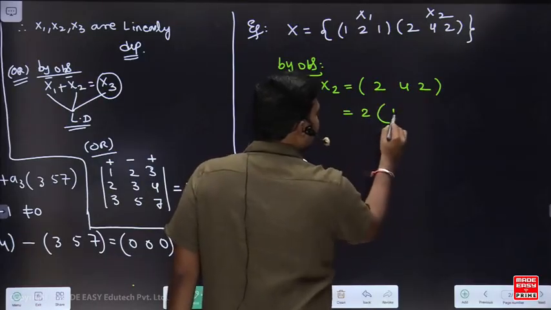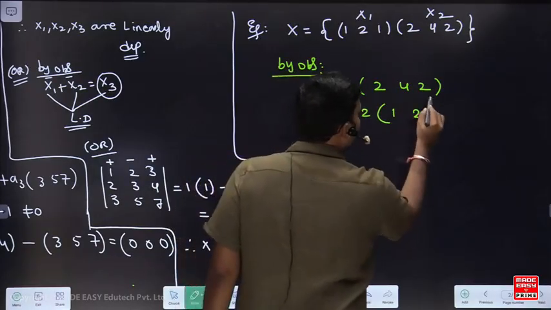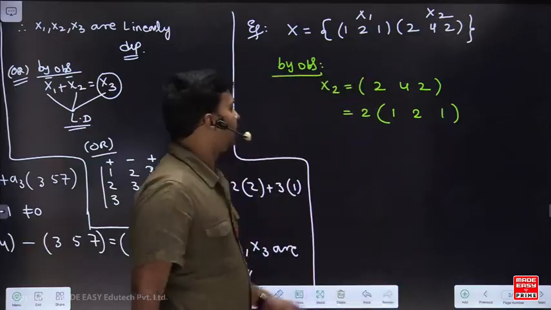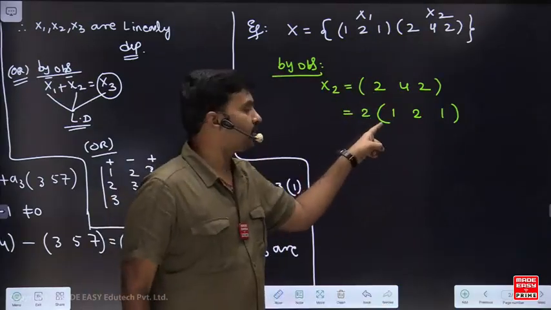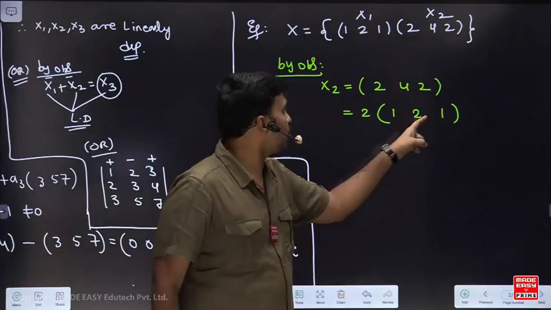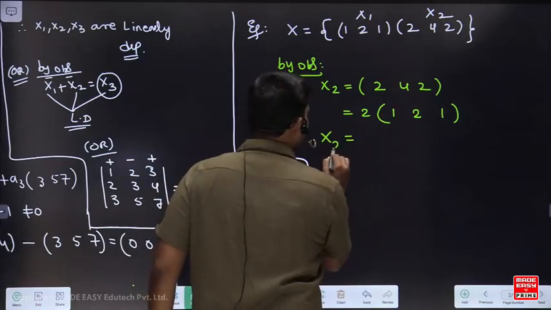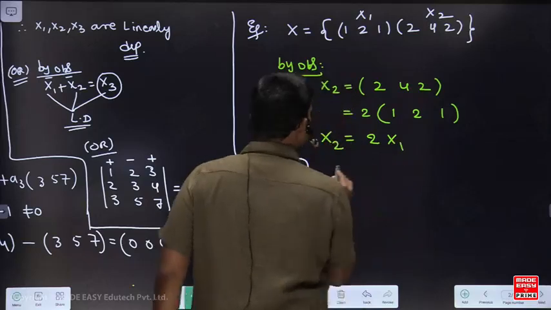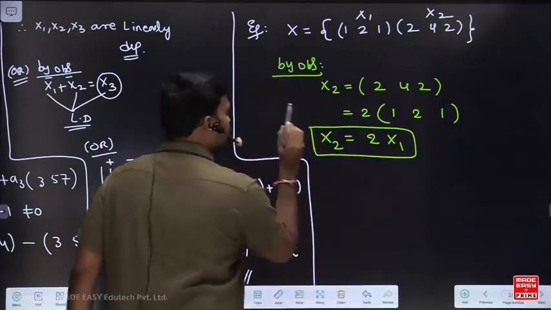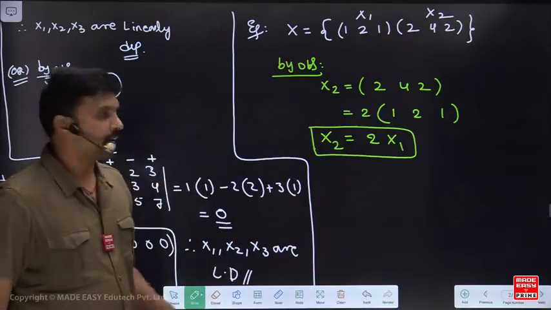If I take 2 common, this is 1, this is 2, and this becomes 1 here. After taking 2 common, it is written as 2 times of 1 2 1. What is 1 2 1? It is x1. So that means x2 is equal to 2 times of x1.